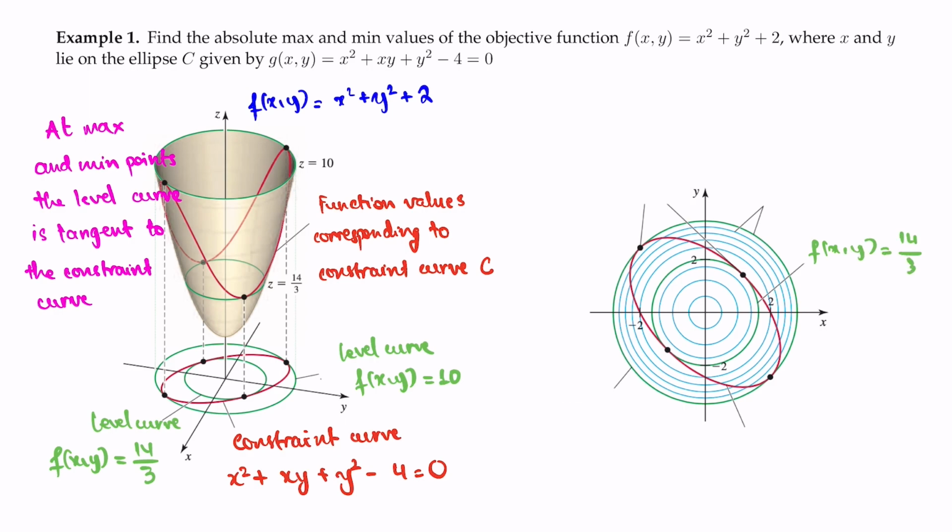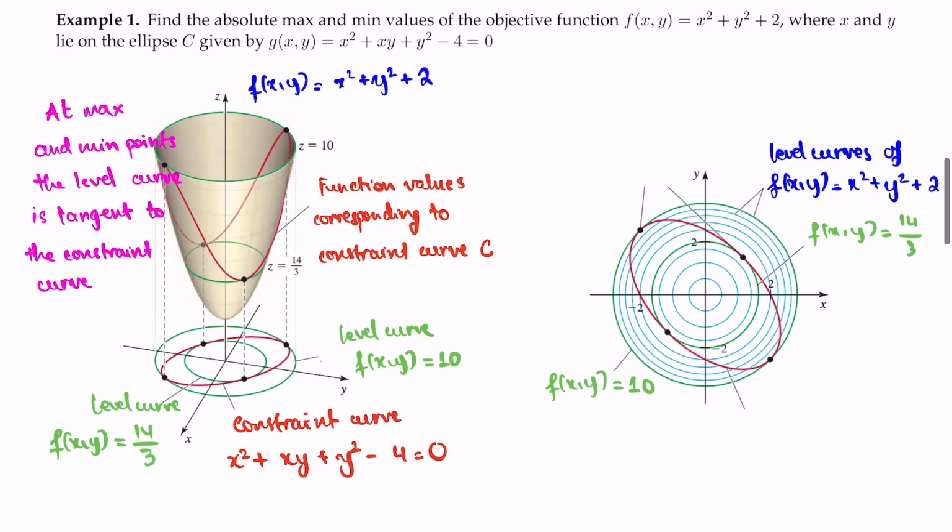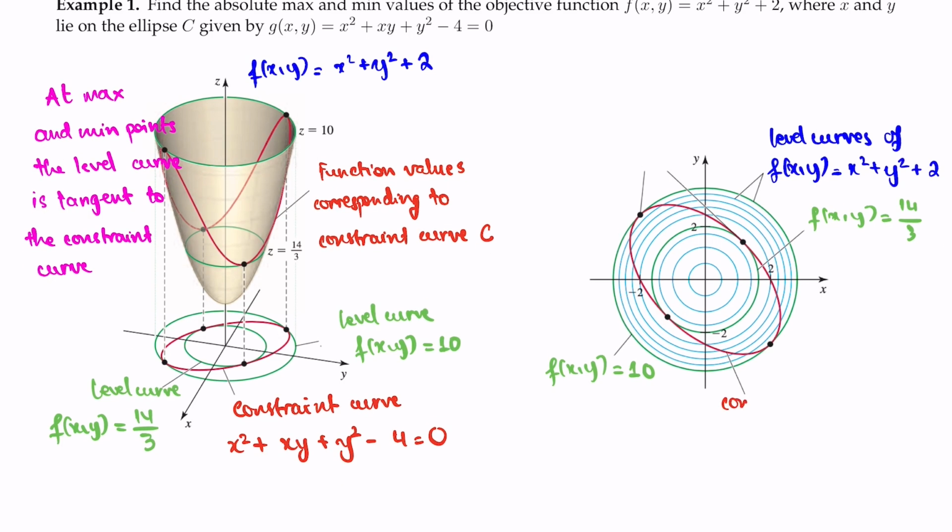The outside curve is when f of x comma y equal to 10. And the blue curves that you see on the figure are the level curves of the function f of x comma y equal to x squared plus y squared plus 2. Again, the red curve is the constraint curve.